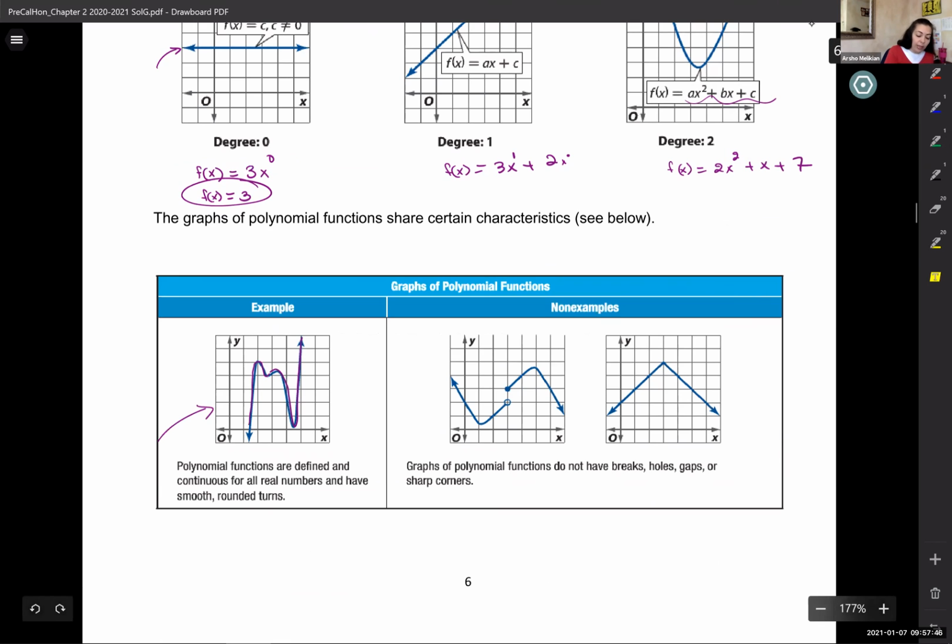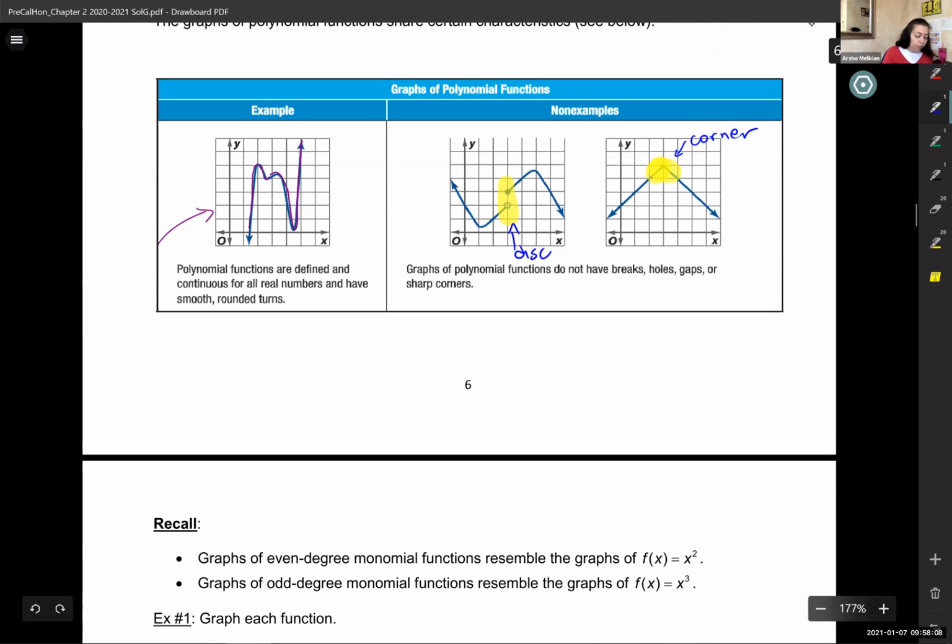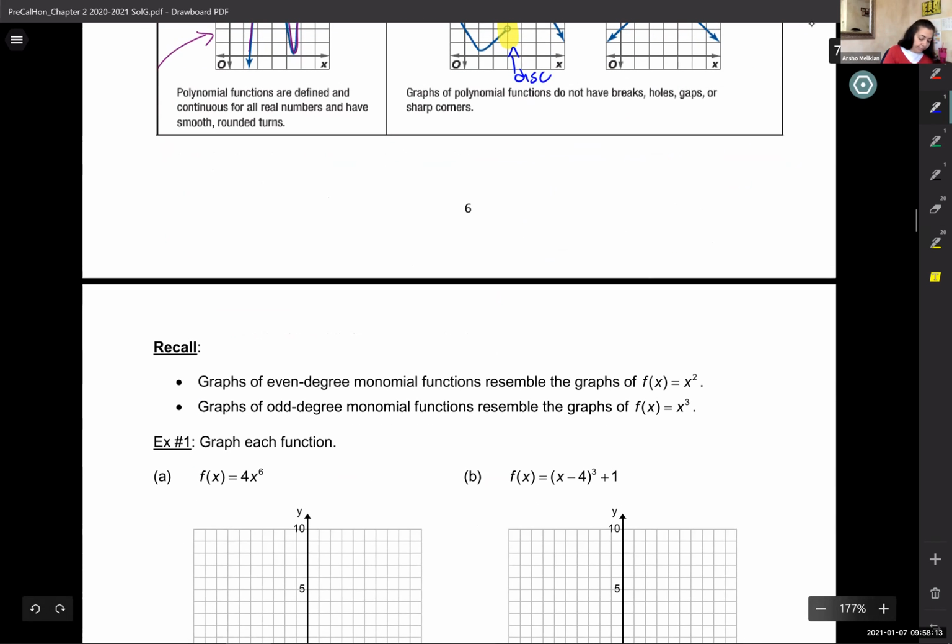What is not a polynomial function? If there are any discontinuities, not a polynomial function. If there are any corners, not a polynomial function. Okay? No holes, no asymptotes, no corners, no vertical portions.